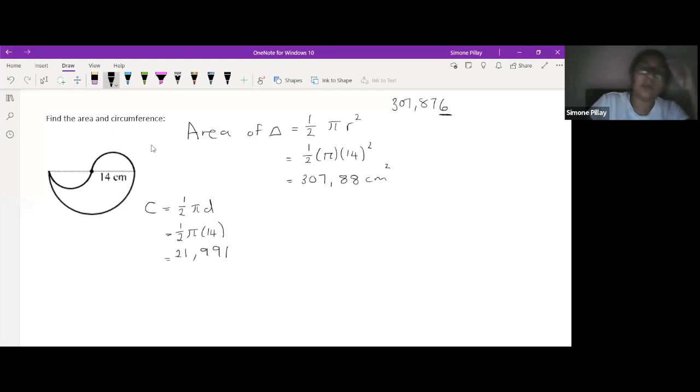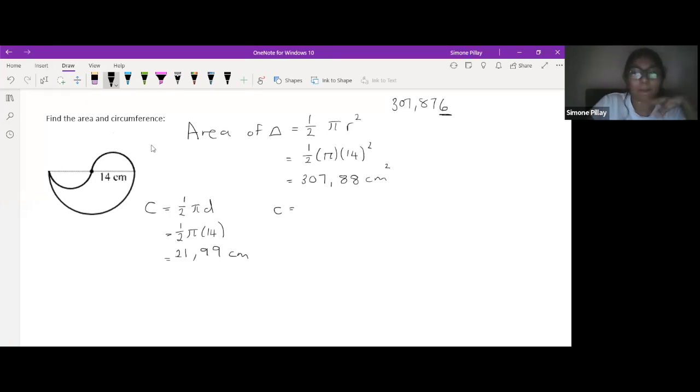Okay, so remember, we're rounding to 2 decimal places. You look at the third decimal. Is my third decimal bigger than 5? No, ma'am. So it remains the same. There we go. And this would be centimeters, not centimeters squared. Remember, we're doing circumference, so circumference is just normal units.